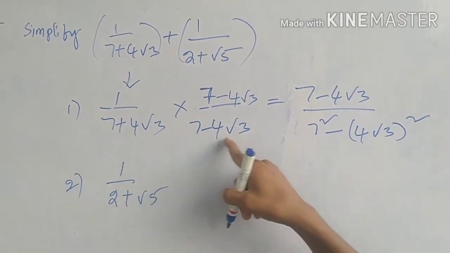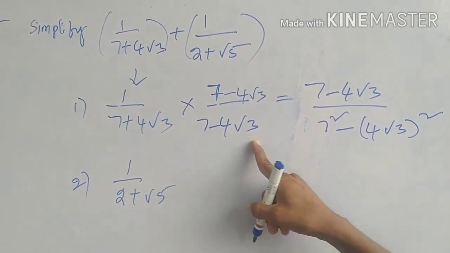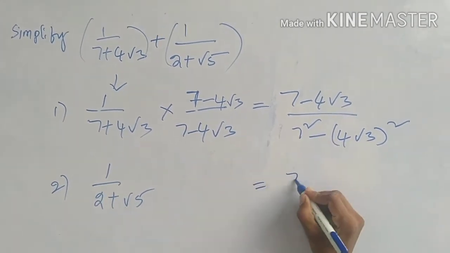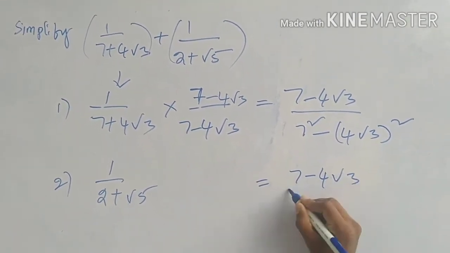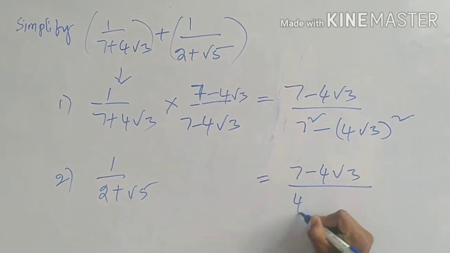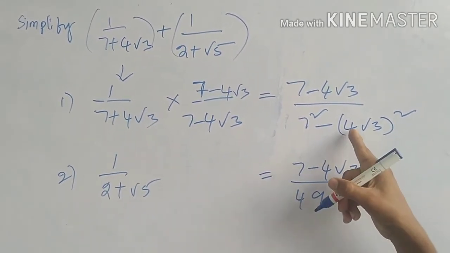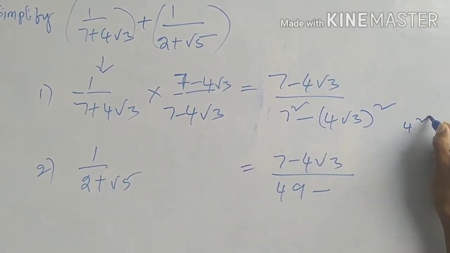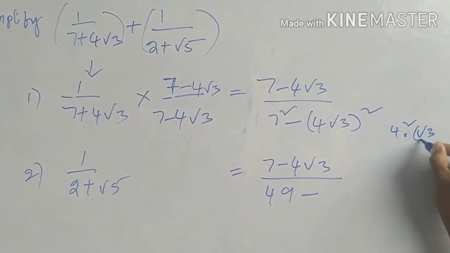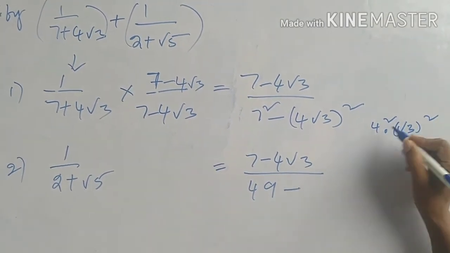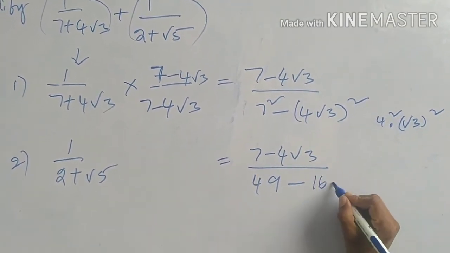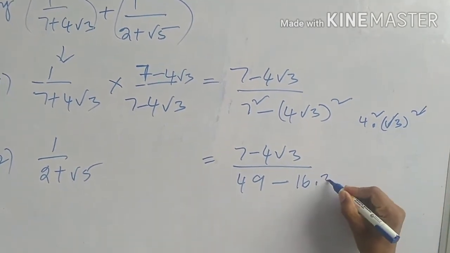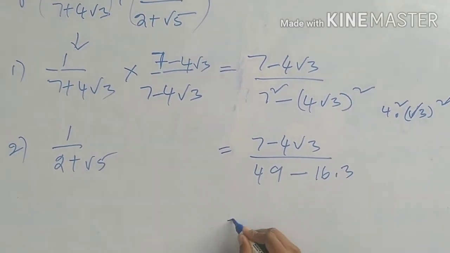From algebraic identities, a plus b into a minus b is a square minus b square. 7 minus 4 root 3 by 7 square means 49 minus 4 square into root 3 whole square. 4 fours are 16 into root 3 whole square, the square and root cancel, 16 into 3.